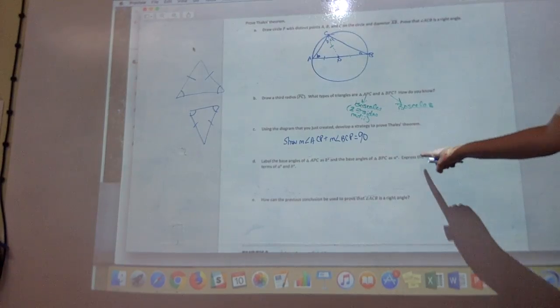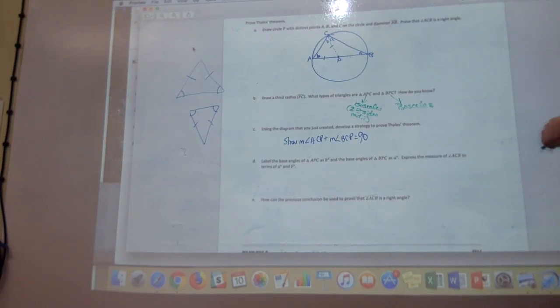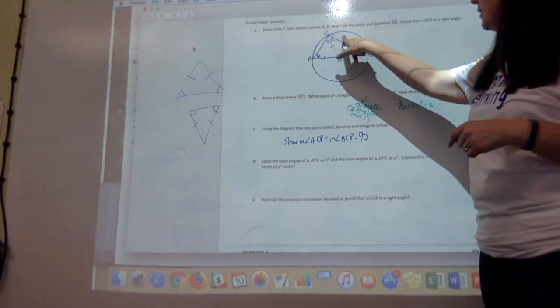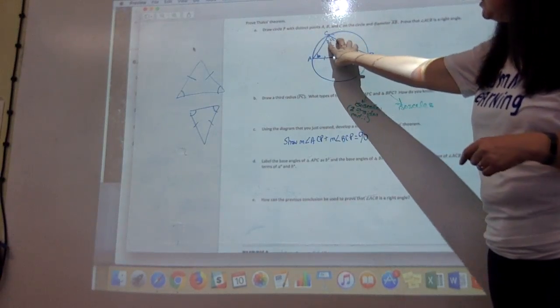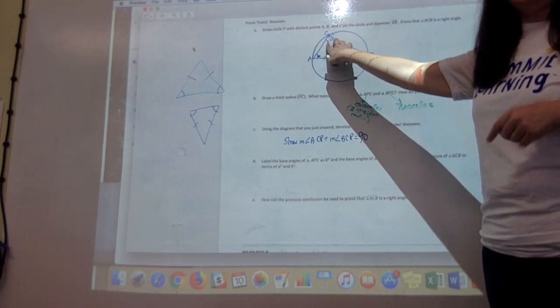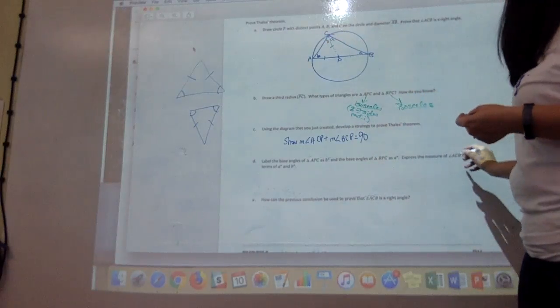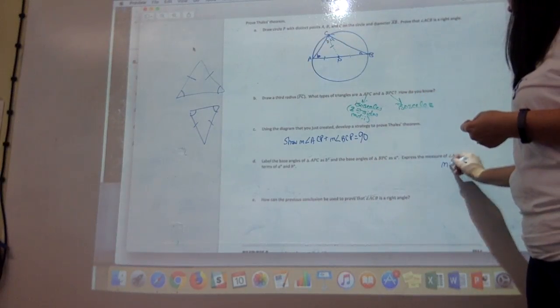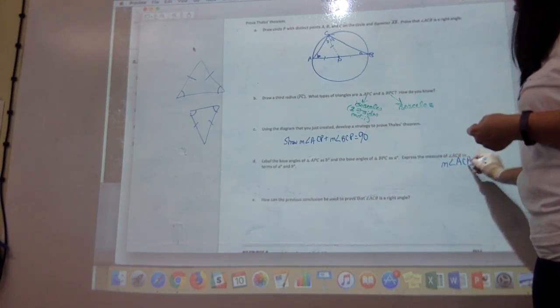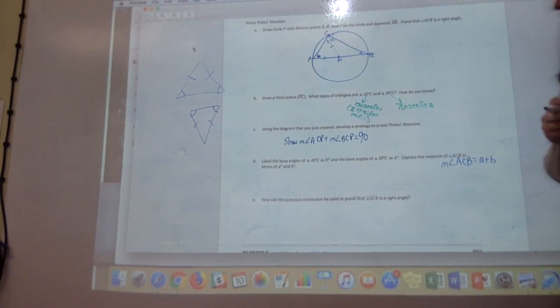So now it says express the measure of angle ACB in terms of A and B. So ACB would be these two angles. And how would I get the total angle? What would I do with them? Add them together. So measure of angle ACB would equal A plus B, correct?